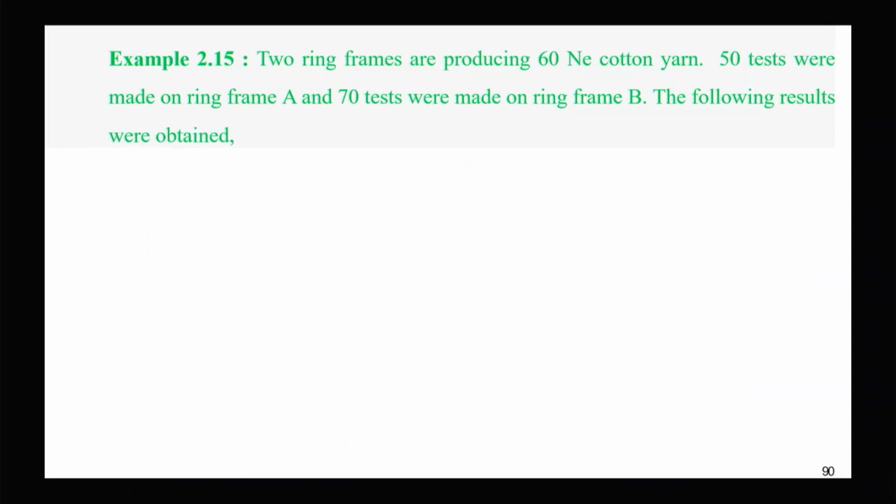Now our next numerical is that we have two ring frames producing 60 Ne cotton yarn. 50 tests were made on ring frame A and 70 tests were made on ring frame B, and we have got the following data.